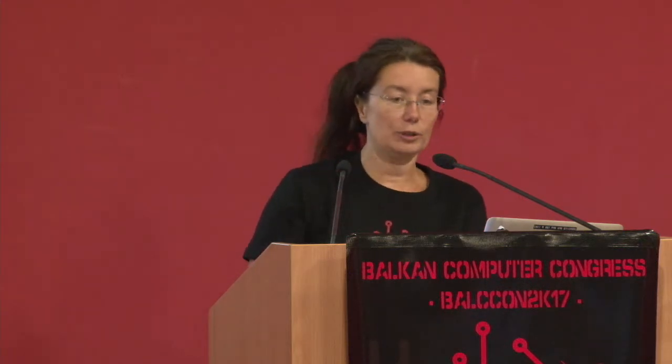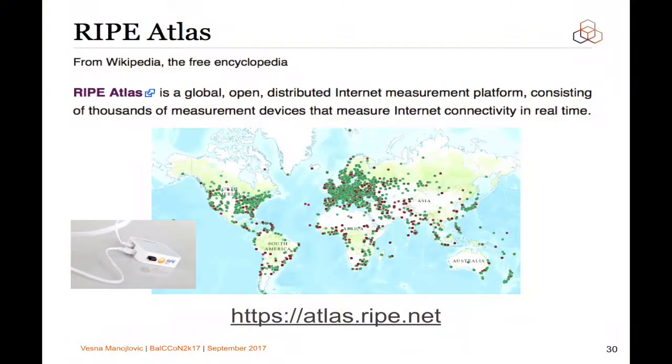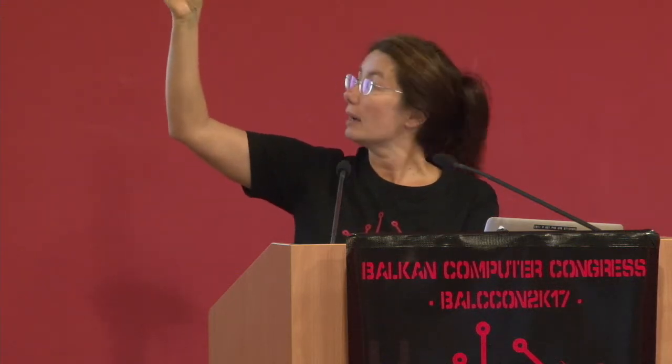Okay? And now for the RIPE Atlas. So how many of you know about RIPE Atlas? It's probably the same people. So RIPE Atlas is a distributed measurement platform. It consists of the hardware boxes distributed by RIPE NCC and hosted by the volunteers around the world.